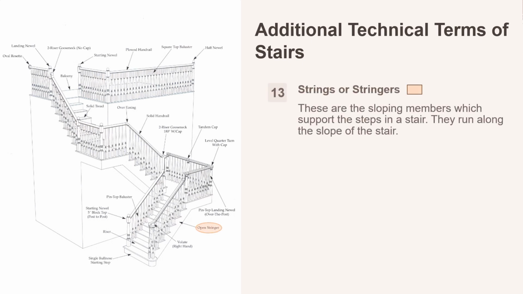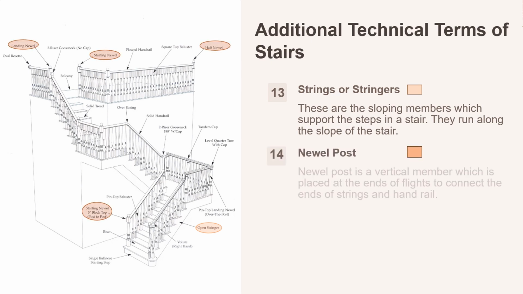When you look at the side of a staircase, the boards running along the stair's length are the stringers. Think of them as the backbone of the staircase. Newel post. This is a vertical post at the ends of the flight that connects the strings and the handrails. In a traditional wooden staircase, the large post at the top or bottom of the stair is the newel post.